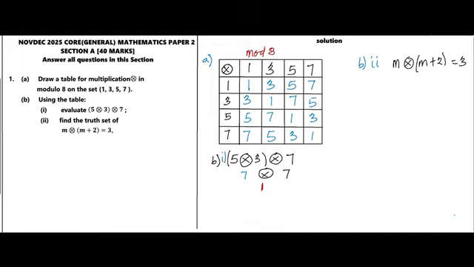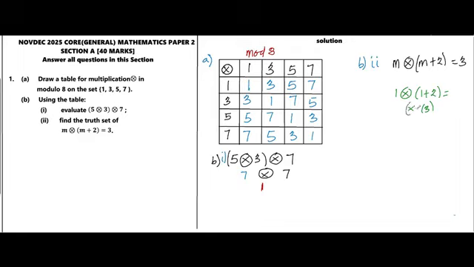Now from the set, the first number given here is 1. So let's test 1 and see whether it satisfies this equation. We have 1 multiplied by (1 plus 2). We always simplify what is inside the bracket first. 1 plus 2 is normal addition, we have 3.